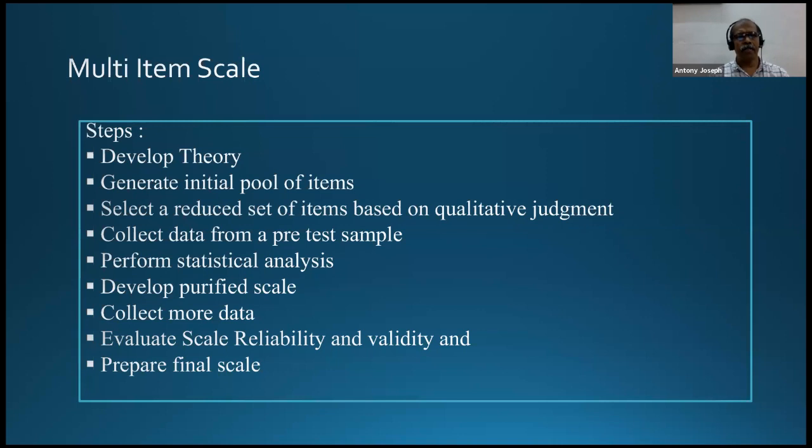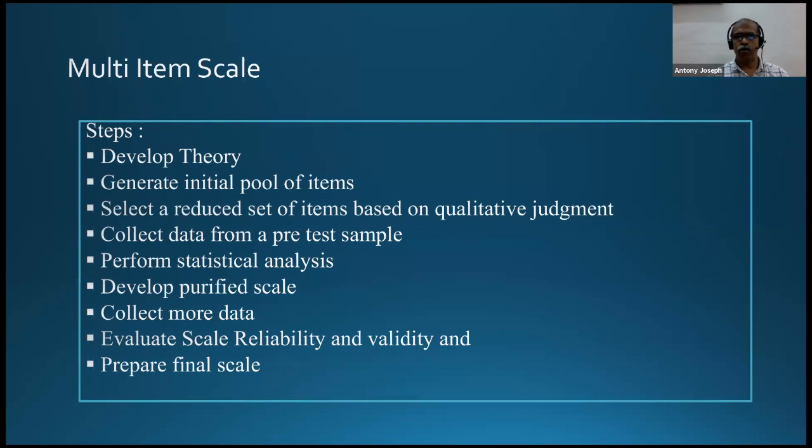The number of statements developed by you should be reduced. Qualitative judgment is required for the reduction of the number of items. Say, for example, if you have developed 50 items for the measurement of a particular concept, the entire 50 items may not be required for the measurement of that.